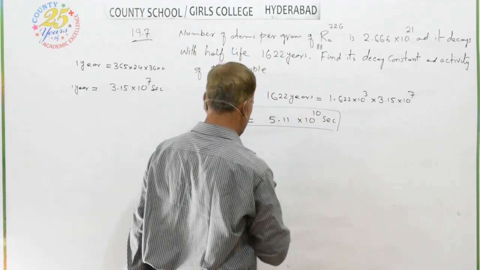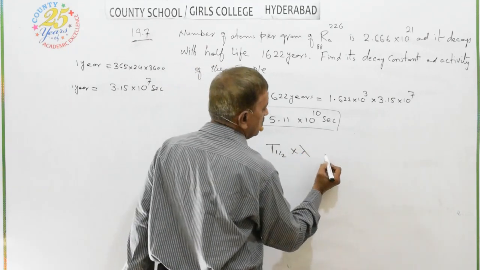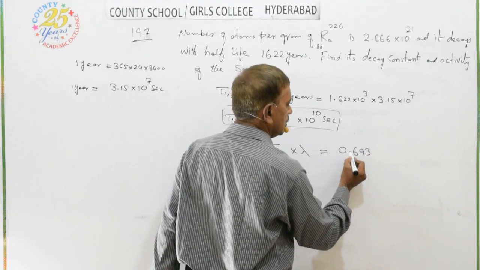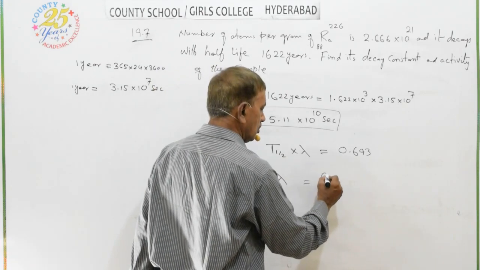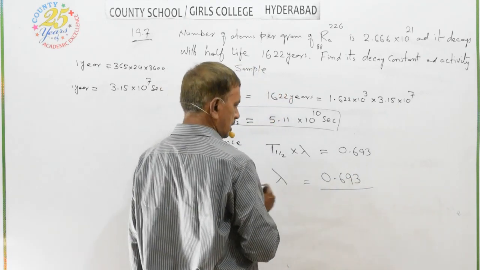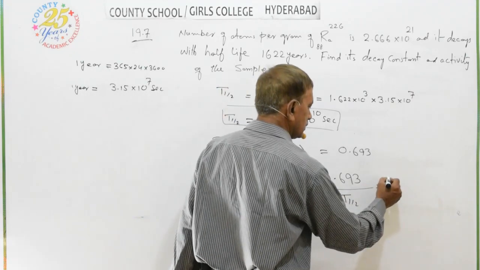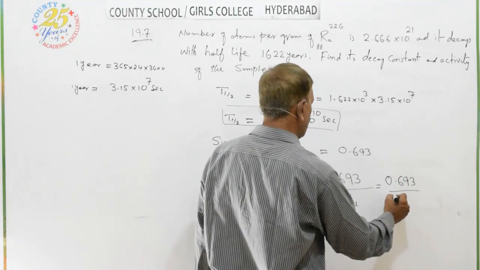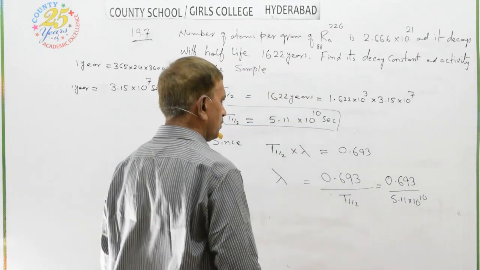We know that the half-life of radium multiplied by lambda is equal to 0.693, or the decay constant will be 0.693 divided by the half-life. So it is 0.693 divided by 5.11 into 10 raised to power 7.